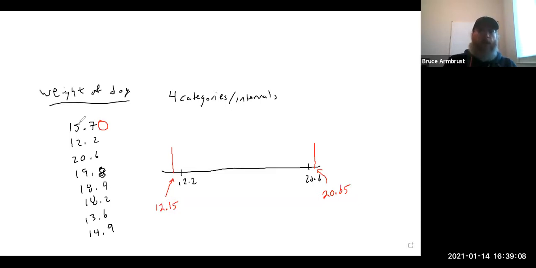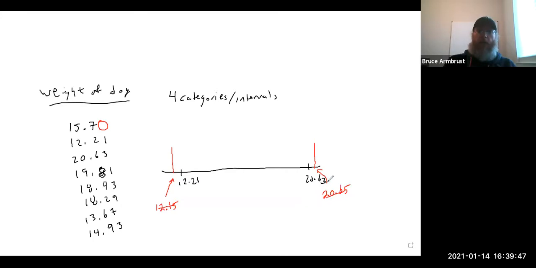So suppose that our numbers had instead been with 2 decimal places. Let's say we had 15.70, 12.21, 12.63, and so on. Now our lowest one is 12.21 and our biggest one is 20.63, which means I would have to change the numbers for my extremes, but it's the same idea.